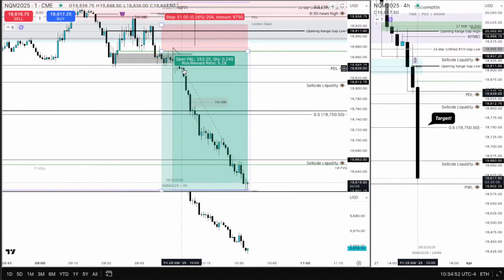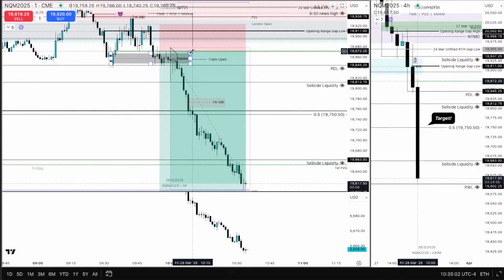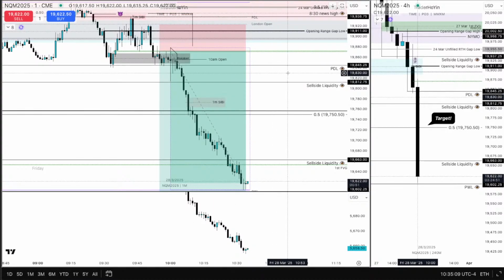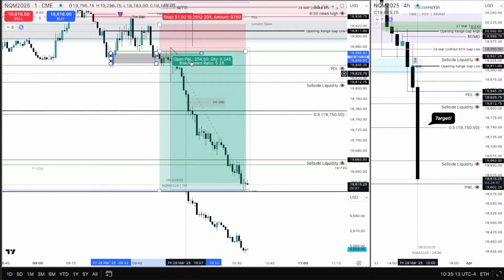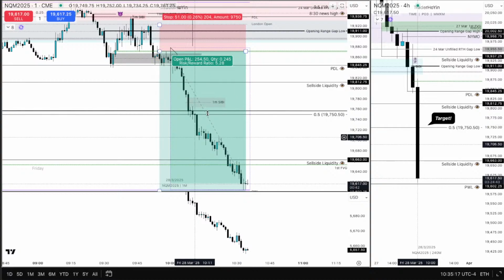After the news it was a bit late, because my take was it may come back up to the first presented fair value gap one more time and then fall again, but it didn't. It did not give me the opportunity to come back and test the breaker again. It just rolled over.